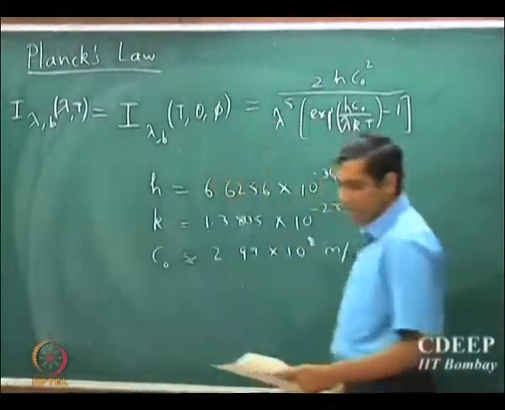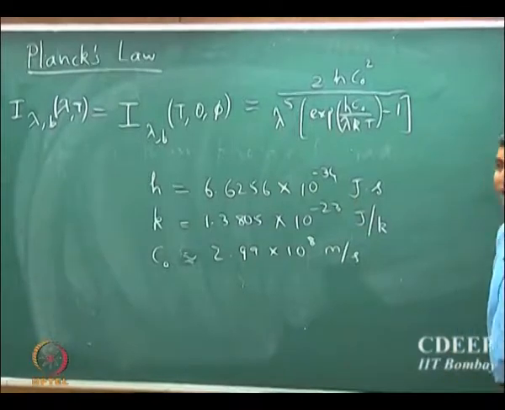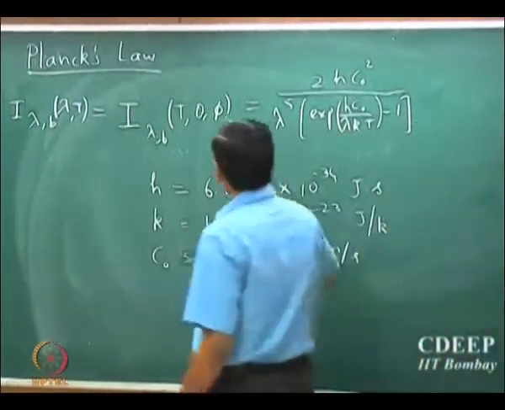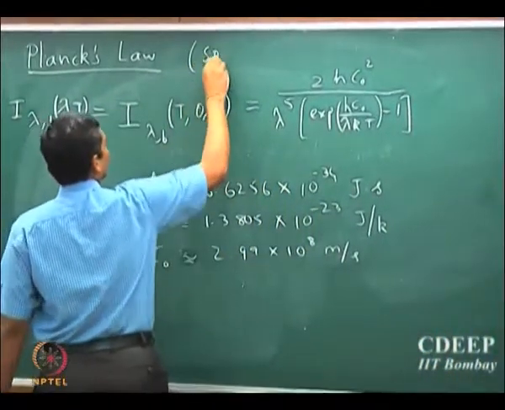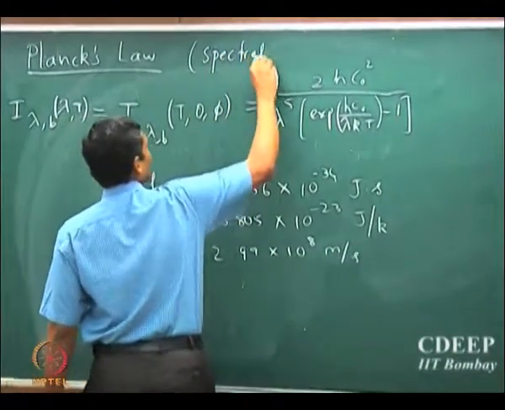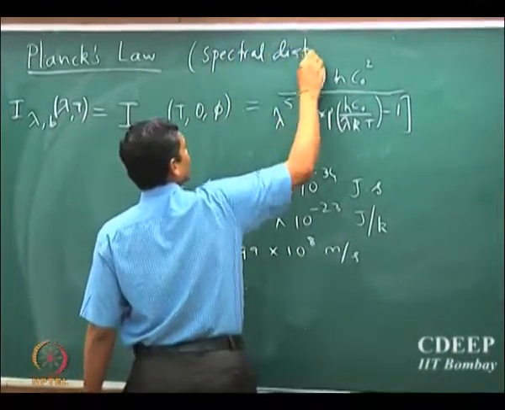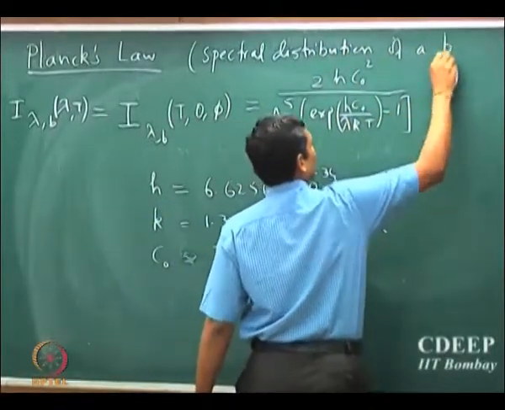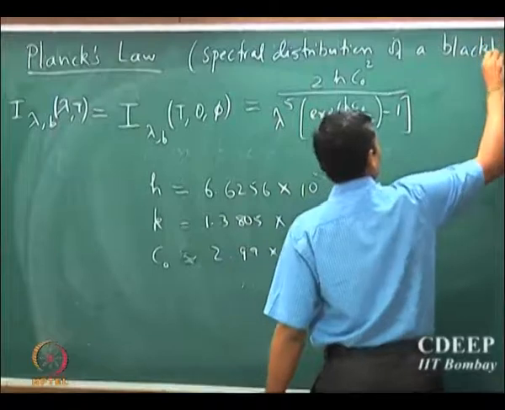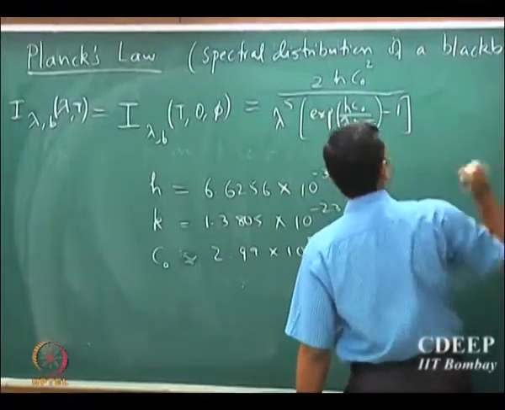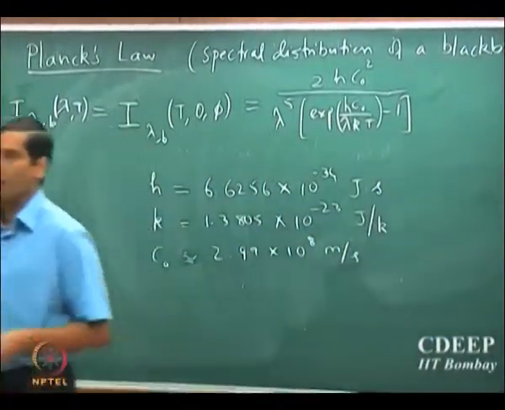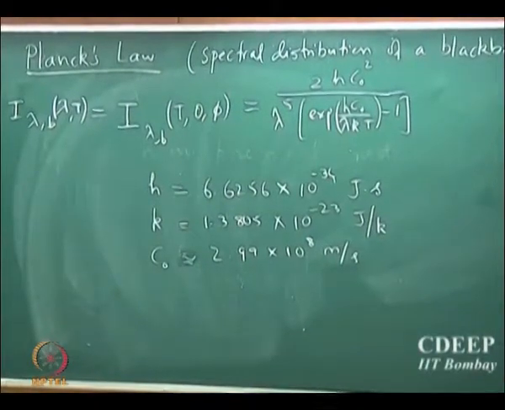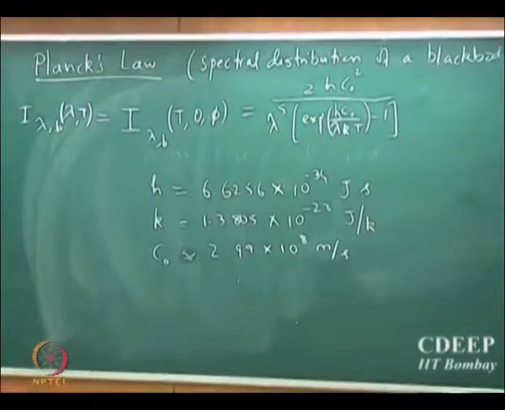This actually comes from the electromagnetic wave theory. This is called the spectral distribution. So what it captures is the spectral distribution of intensity of radiation that is emitted by a black body.